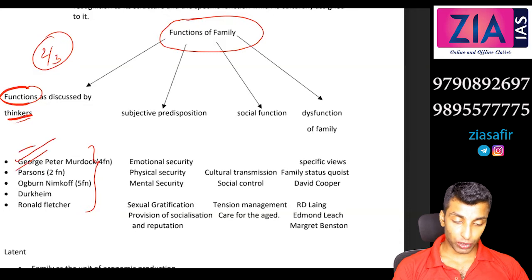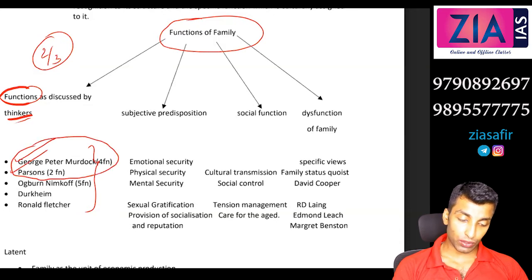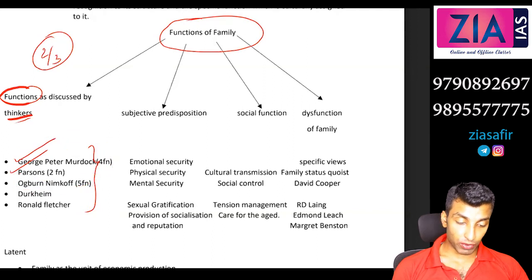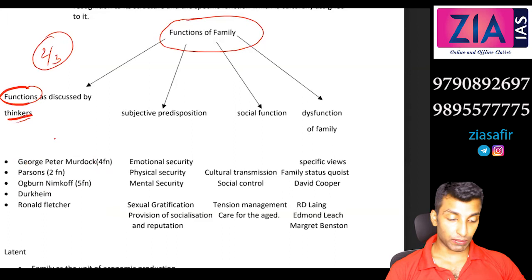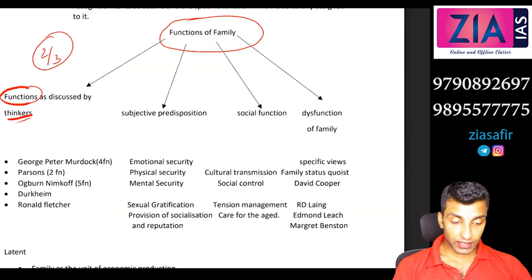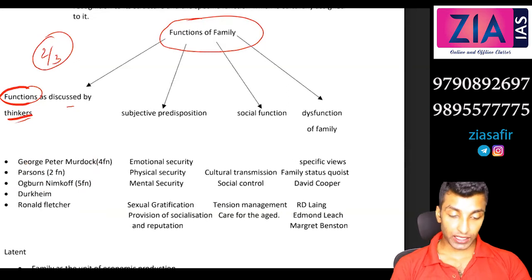These two are the most important, and to an extent Ogburn and Nimkoff you can also write. Maximum these 3 if you can remember, or it's up to you. G.P. Murdock, we discussed yesterday also, and Parsons. So the first part of your answer will be functions as discussed by the thinkers.